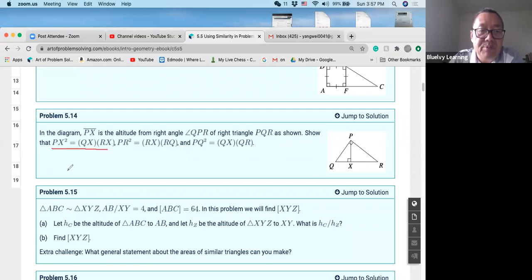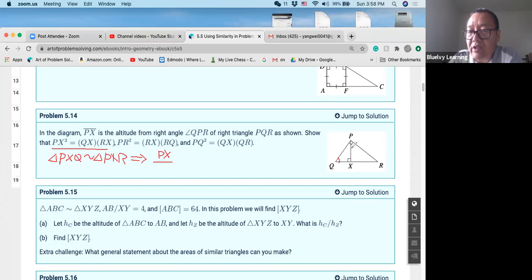So now let's see, first prove this. This is because triangle PXQ is similar with triangle PXR. These 2 triangles are similar. We already told you, I don't need to prove that one more time. Then you can get PX over, let's say PX, this corresponds to this angle, right?